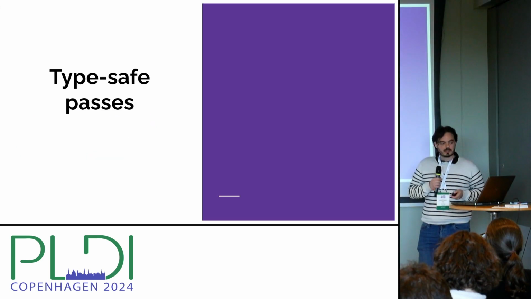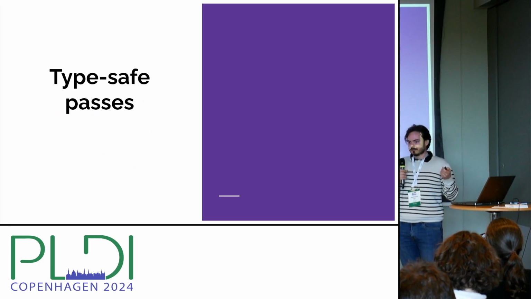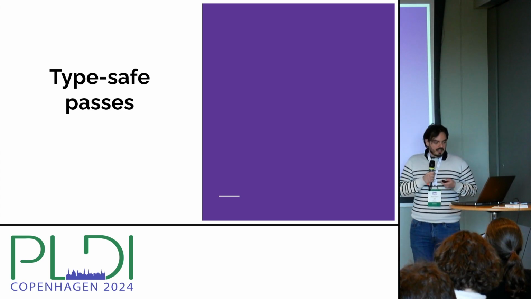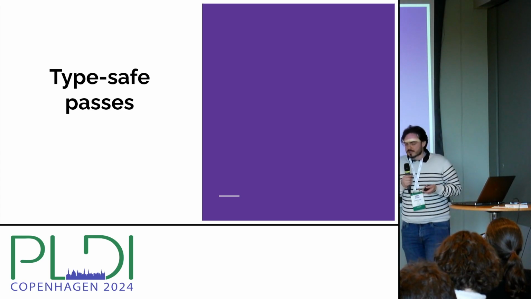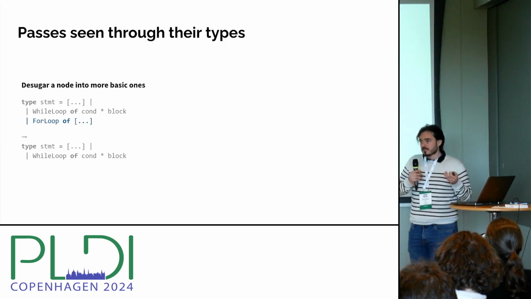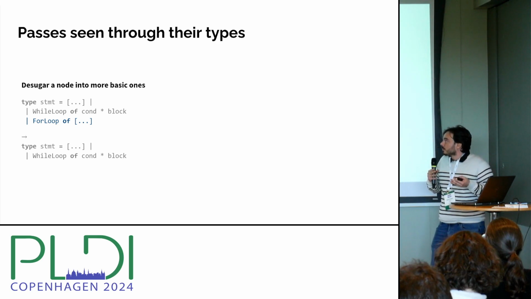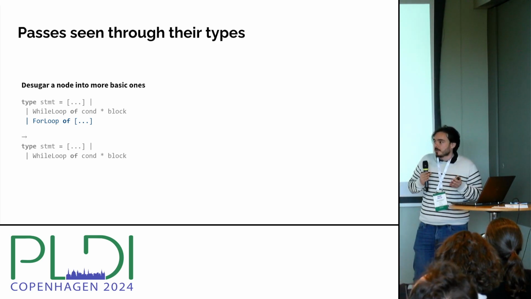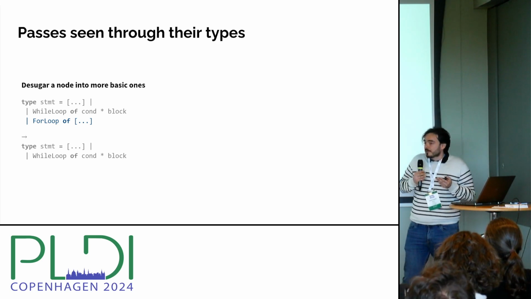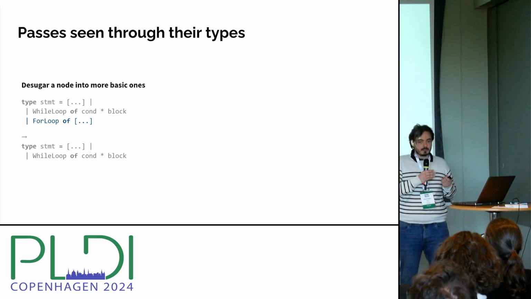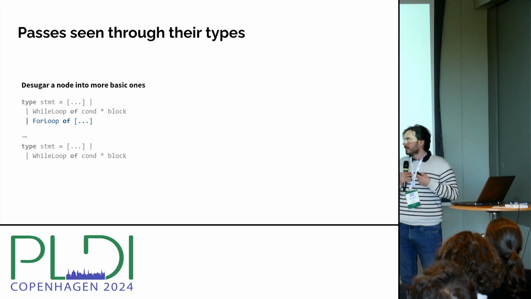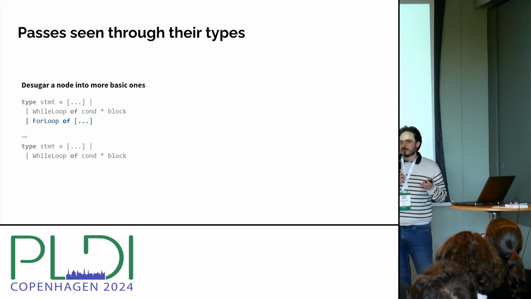So let's go to the second point, type-safe passes. Why is it important? And how are we going to use that? So first, if I ask you what this pass is doing, it's pretty straightforward, only looking at its type. Because you have first a while loop and a for loop, and in the second statement you don't have the for loop anymore.